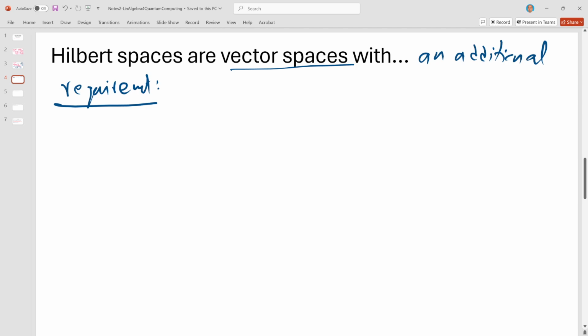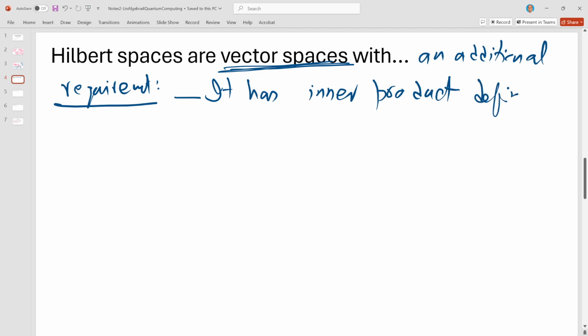In addition to all the axioms of vector spaces, a Hilbert space has to satisfy an additional requirement, and that is that it has an inner product defined: there is a way to multiply the vectors with themselves.